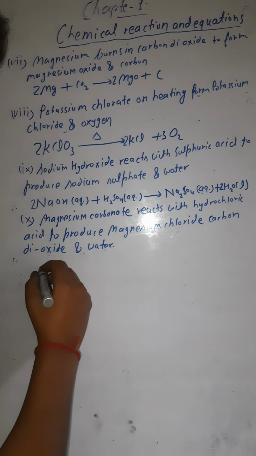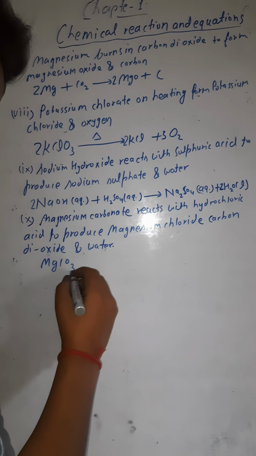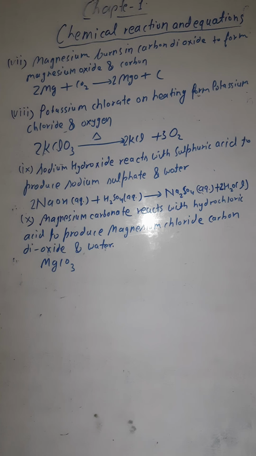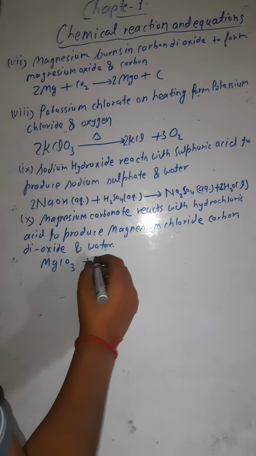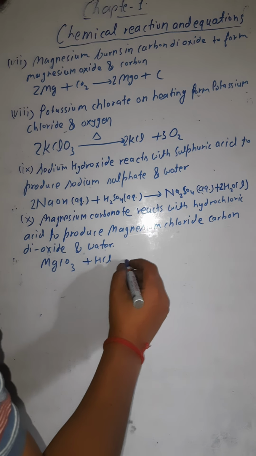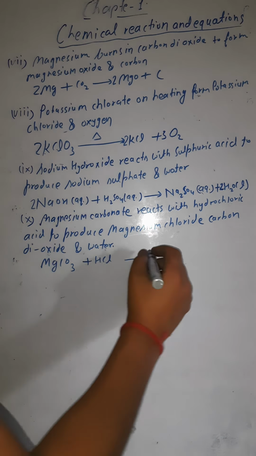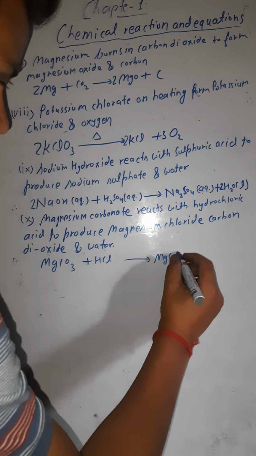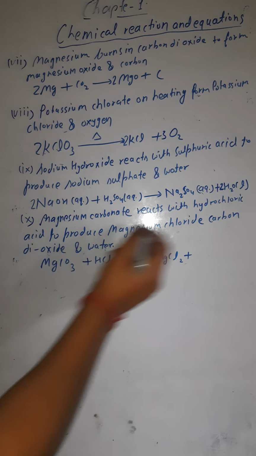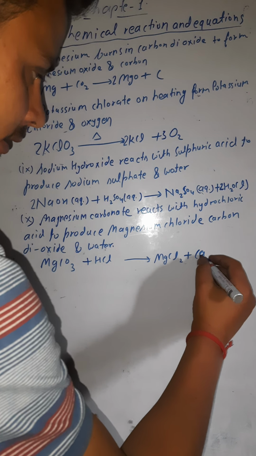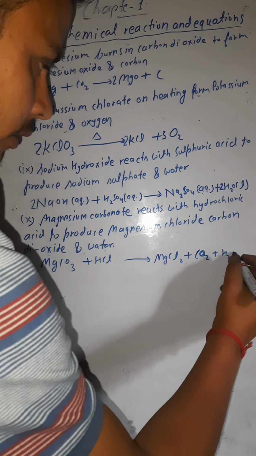Magnesium carbonate, that is MgCO3, reacts with hydrochloric acid, that is HCl, and what does it produce? It produces magnesium chloride, that is MgCl2, and carbon dioxide, CO2, and we have water.